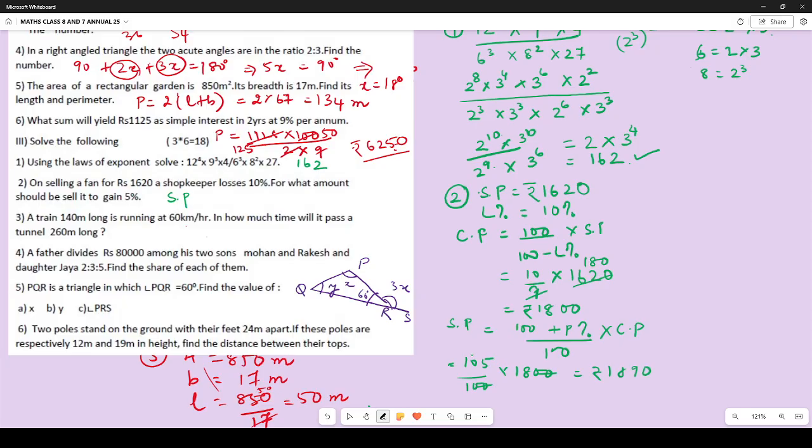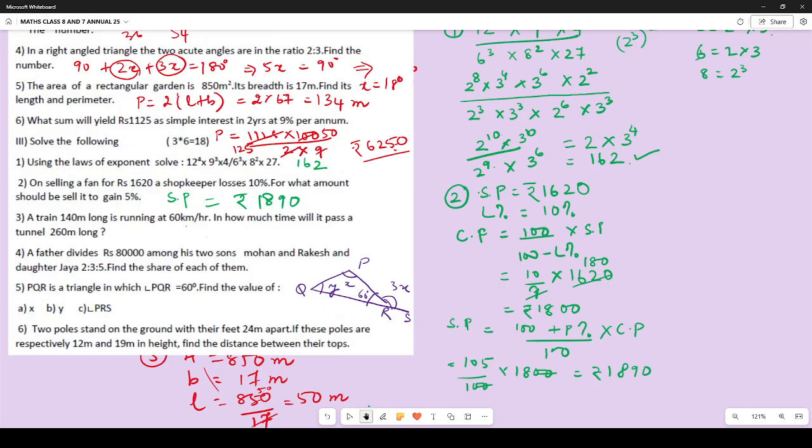When we multiply 105 with 18, 100 into 18, 1800, 18 into 5, 90, 1890. That is the SP at which he should sell it in order to gain 5%.